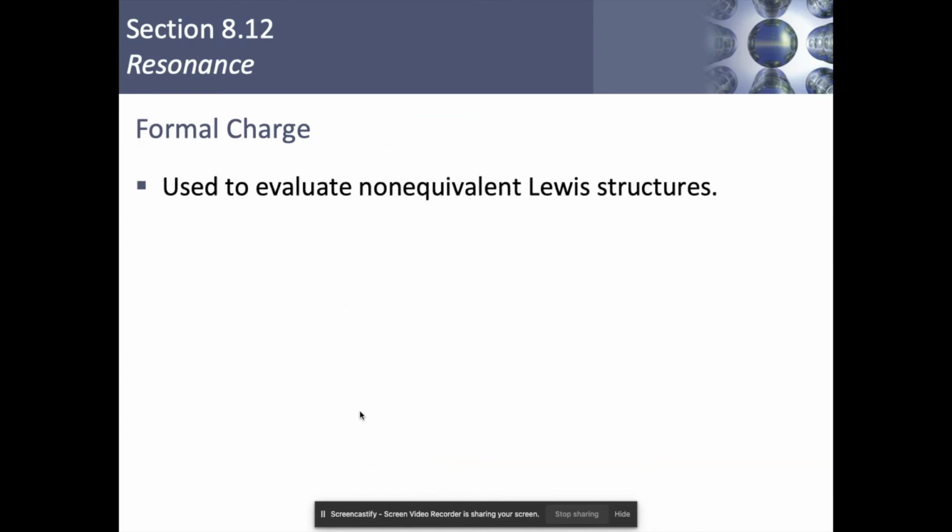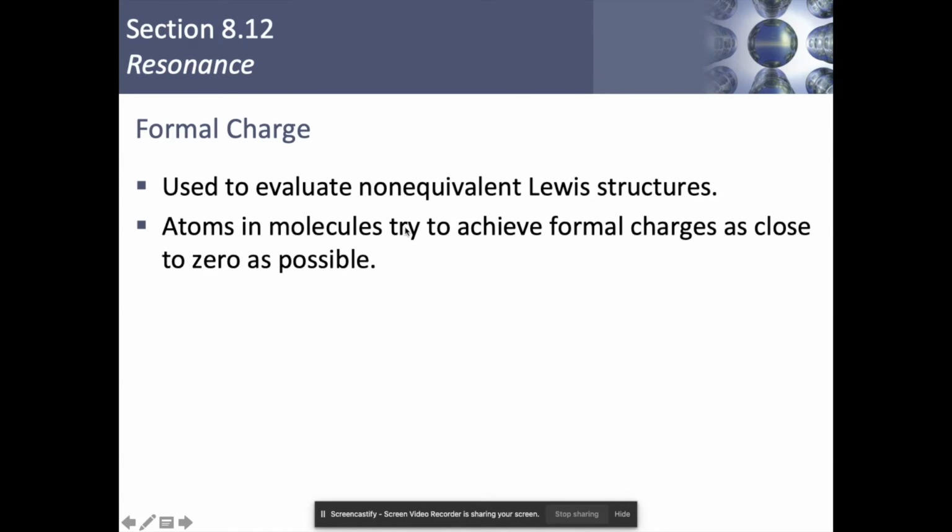Now let's talk about how we could figure out which one is the most correct Lewis dot structure, though. Great. So we have all these different ways of drawing Lewis dot structures now, and some have multiple resonance structures. So how are we supposed to figure out which one's correct? The way that it works is like this. Atoms in molecules will try to achieve formal charges, which, by the way, if you're wondering what a formal charge is, it is a housekeeping or bookkeeping method of figuring out which is the correct Lewis dot structure.